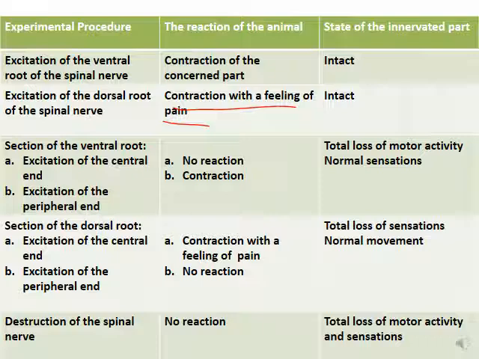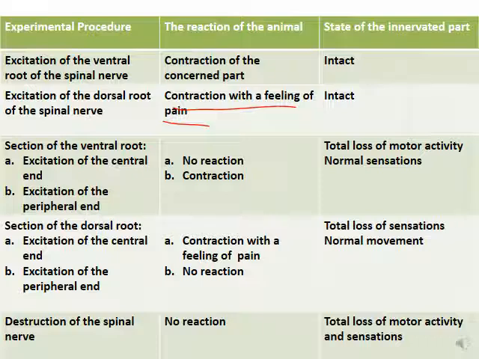So here first we deduce that the ventral root has a motor function, since after the excitation of the ventral root of the spinal nerve, we had the contraction of the concerned part, meaning that the nervous message propagated from the ventral root toward the muscle.